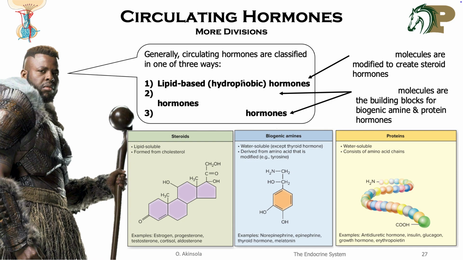So these lipid-based hormones are going to be fat-based hormones. The second class or category are your biogenic amine or hydrophilic hormones. Okay? Hydrophilic means water-loving. So these hormones will love to be around water. And then the last one are our protein or hydrophilic hormones. These are hydrophilic as well.